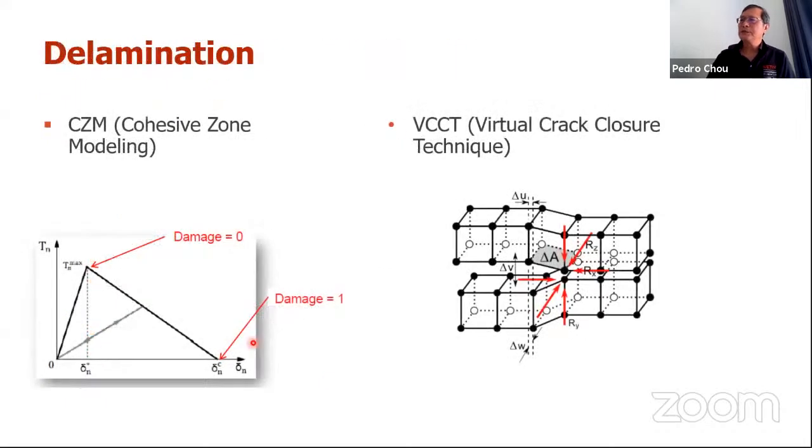So if you want to do a delamination, now this becomes a nonlinear analysis. If you are using cohesive zone modeling, for example, Ansys would define cohesive elements there, where the stiffness of that element becomes a function of the relative displacement between them.